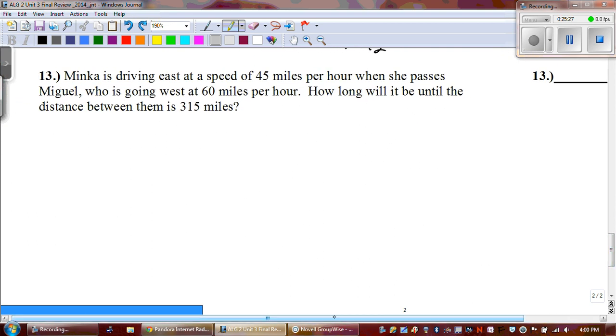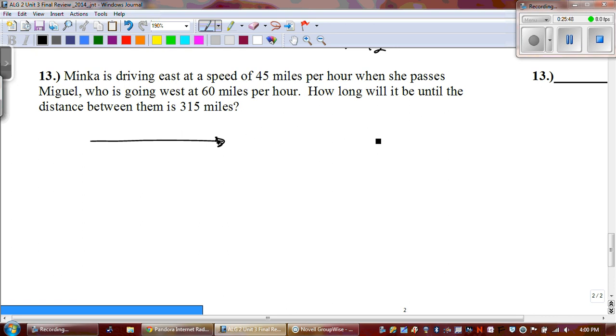Okay, number 13. Minka is driving east at a speed of 45 miles per hour when she passes Miguel, who is going west at 60 miles per hour. How long will it be until the distance between them is 315 miles? Don't freak out.